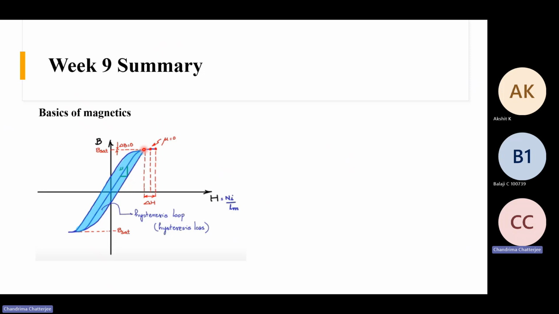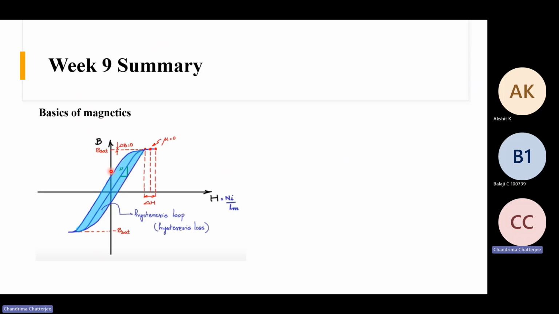But when you again decrease the mmf, the curve will not come back the same way. It will change like this.